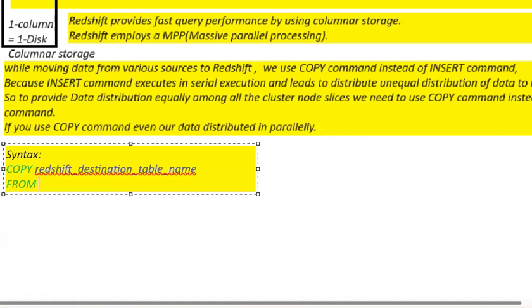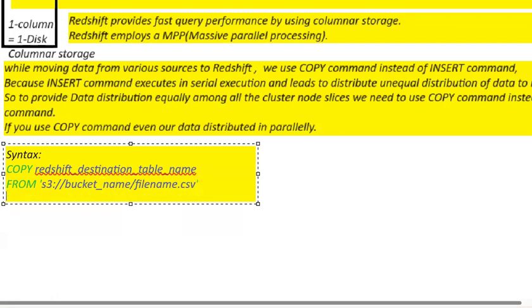Since you need to copy from an S3 bucket, you need to provide the URL for that. S3 colon, the URL will look like this: slash, whatever bucket in which you are storing your file, that bucket name you need to provide here. I'm writing bucket name here since I don't know what bucket name you put. After that, you need to write the file name dot, it may be a CSV file or a TXT file, whatever the file format. So like this, the syntax will be.